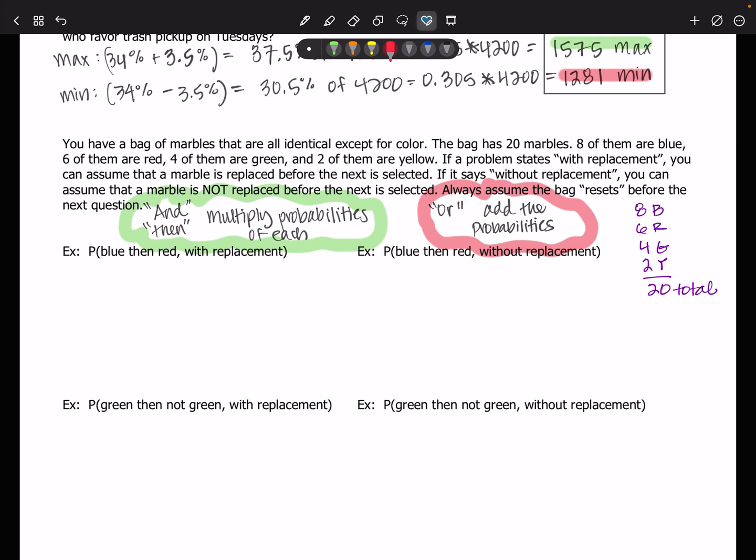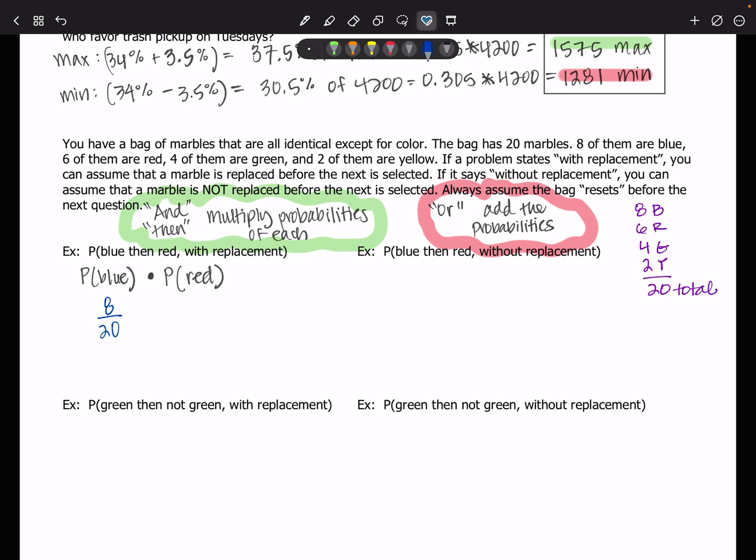So the probability of blue and then red with replacement means we're going to find the probability of the blue, and then we're going to multiply that probability times the probability of the red. The probability of the blue, there's 8 blue marbles out of 20.